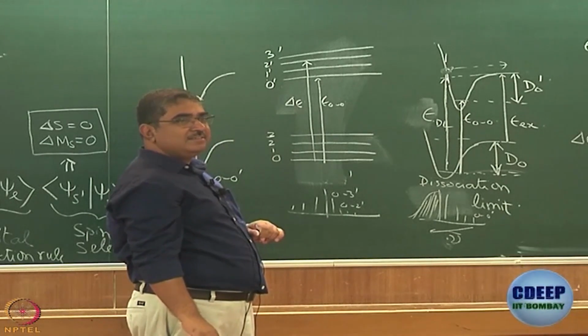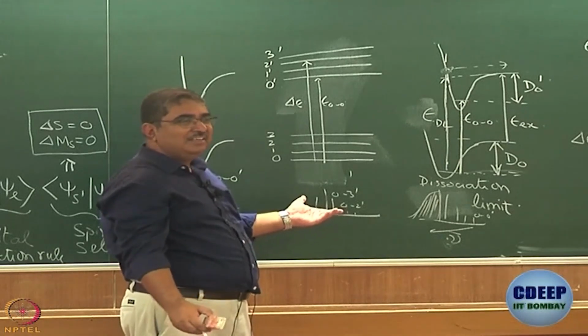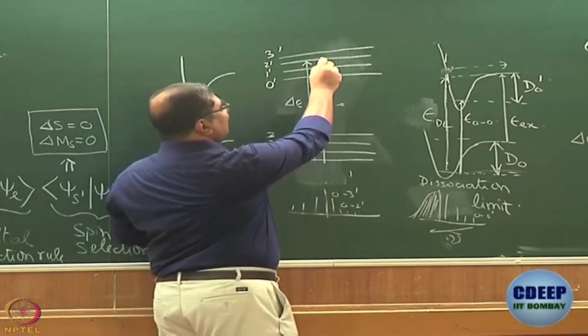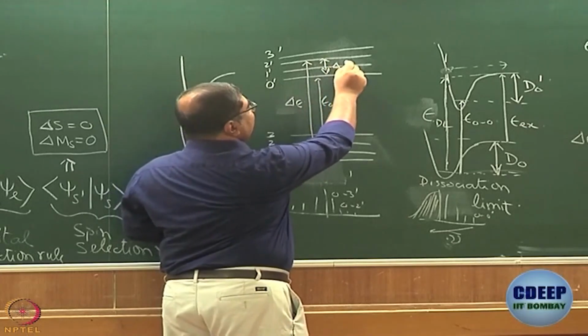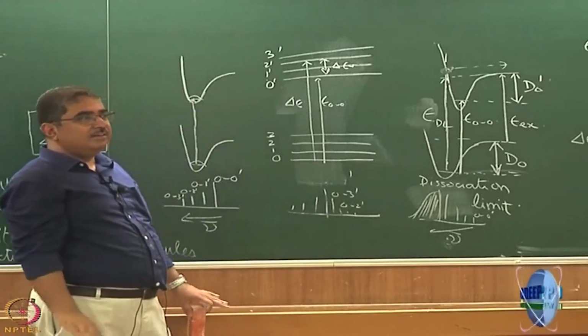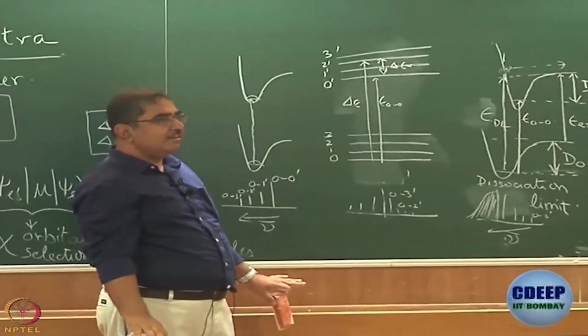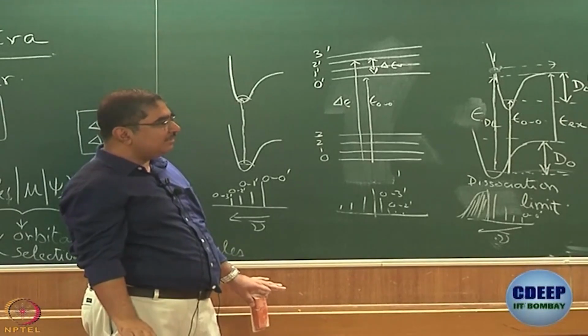I can call this delta epsilon V. Is that right? That is not right.